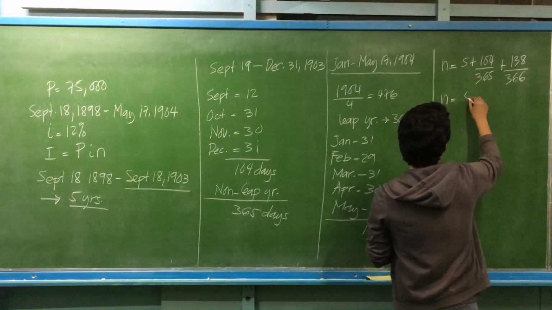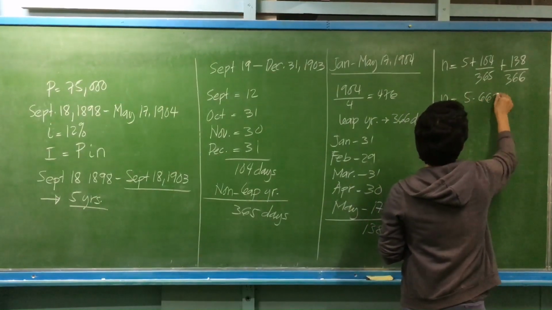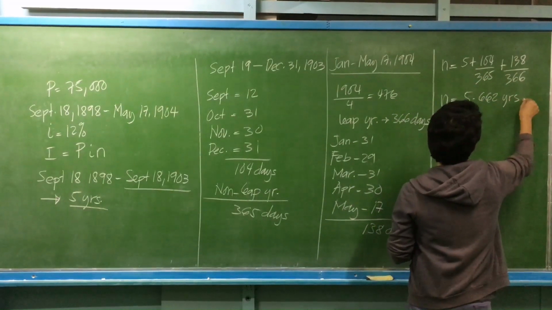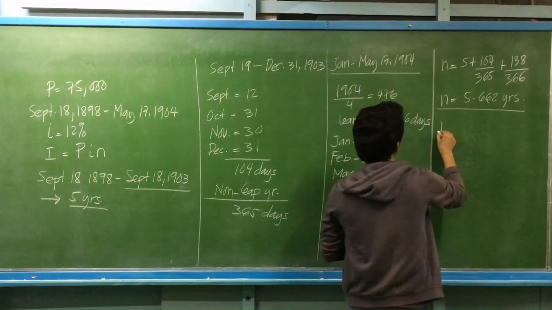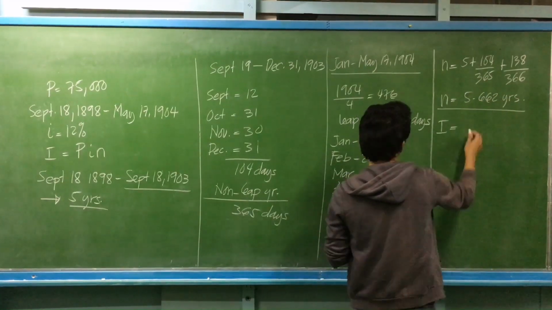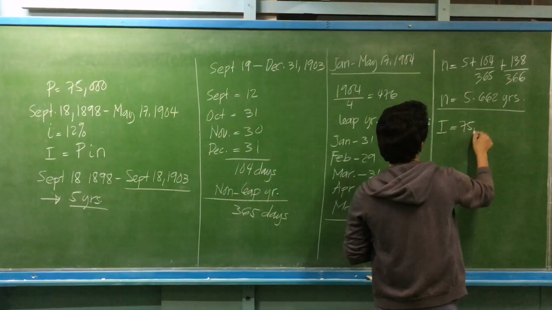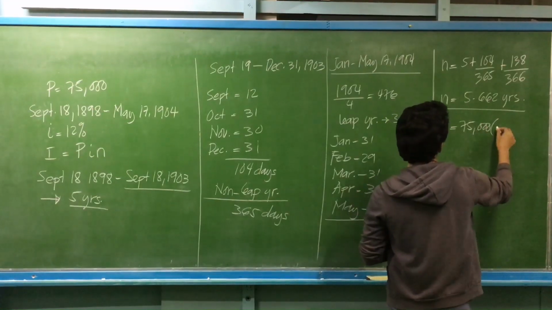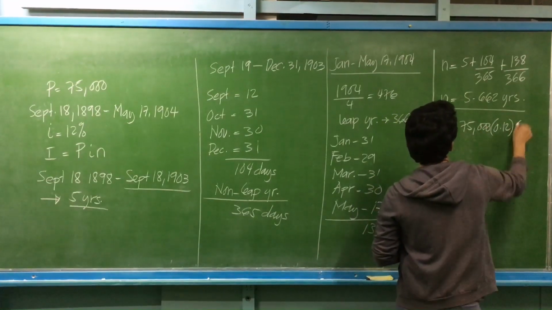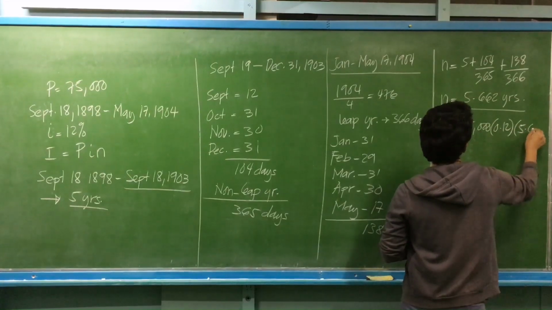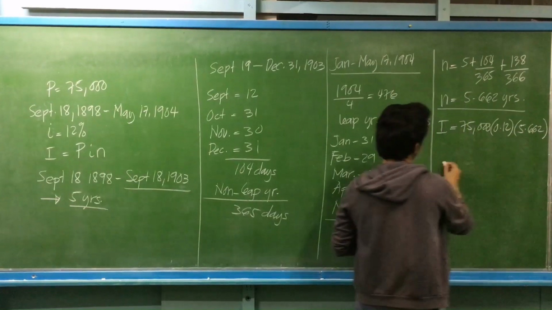number of years, sabihin na natin 5.662 years. Okay. So we have the interest. Ano yung ating present amount? That is equal to 75,000. Interest rate is 0.12. Number of years is equal to 5.662 years.